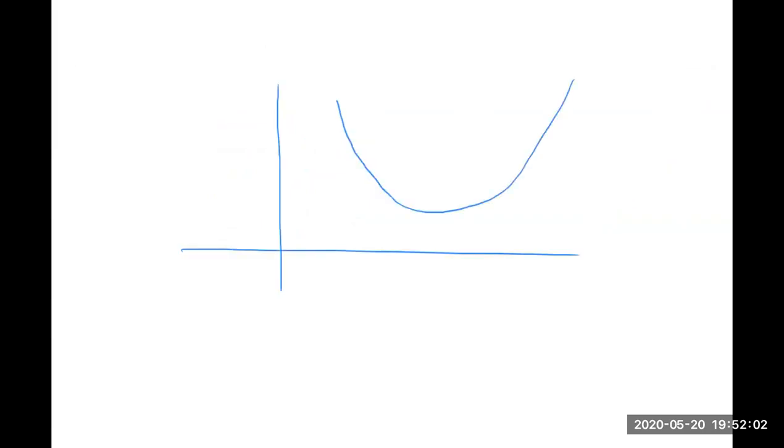Now see one more concept here. Suppose this is the chord AB, and this was the distance h. Now what I'm doing, this h is very, very small. If h is small, definitely this point B will come closer.